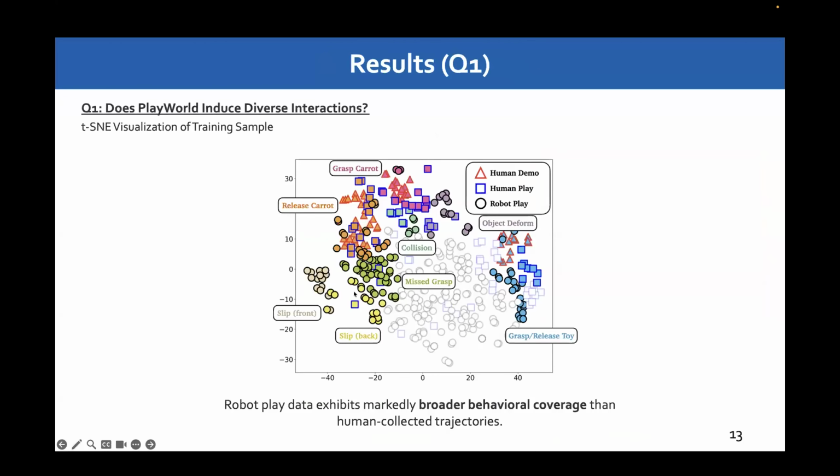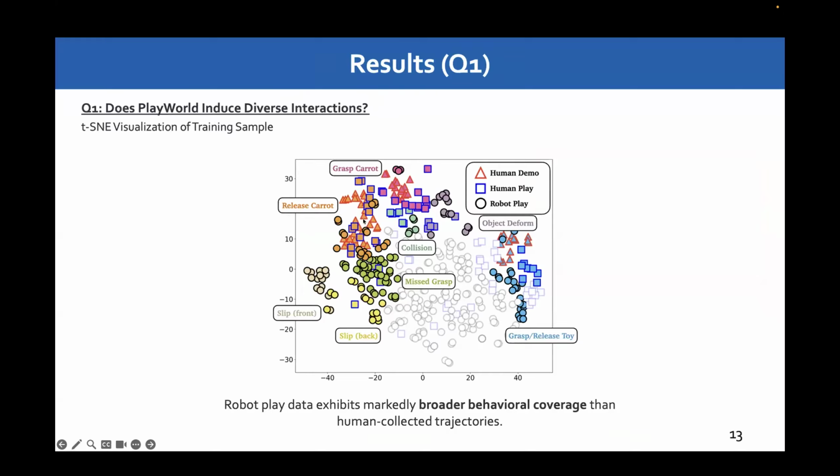So going back to the results, to the initial research questions, the first question is, does PlayWorld actually induce more diverse interactions? They show this through a visualization of the embedding space of the training samples. If you notice the circles, they have a broader behavioral coverage.